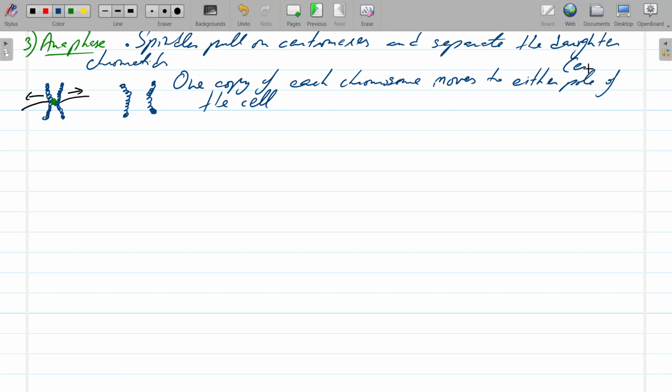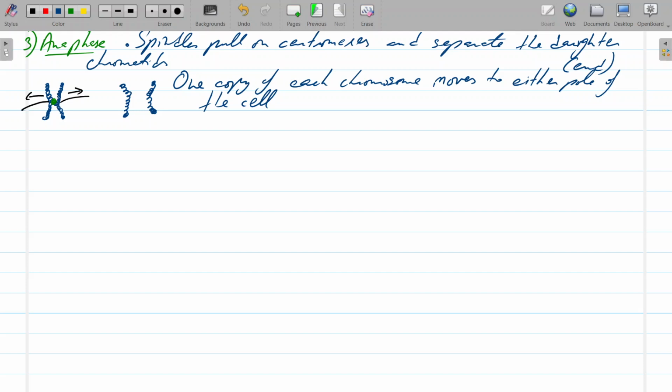Either pole or either end of the cell. Right, and this is a very quick process. And so, right, you've got a full set of chromosomes at each end of the cell.